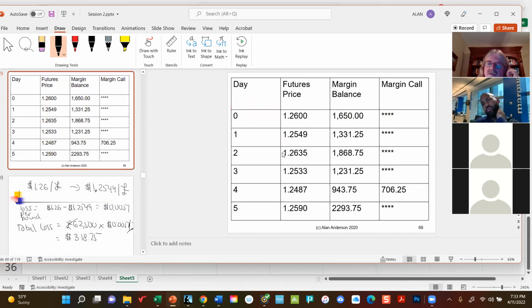Now, let's take a look at this chart. So we start out here. Now I'm in the long position, I'm buying, so I don't want the price to go down. So you can see here that the price went down by not even a penny. All right, so what happened here? It went down by 0.0051, which when you multiply by... I think I did that wrong.